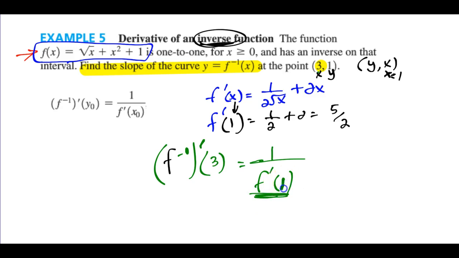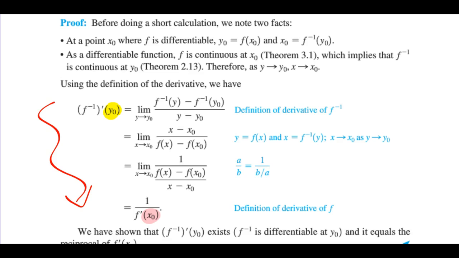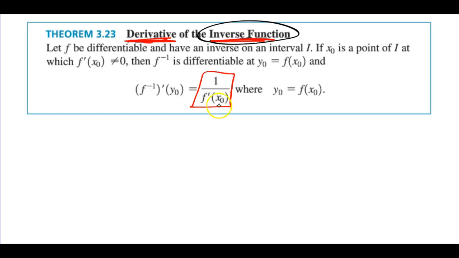And so that's why I had to switch to this inverse, because that's the definition right back here. So this is your y sub 0, and that becomes your x sub 0.